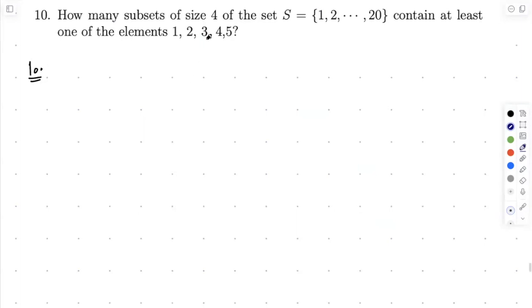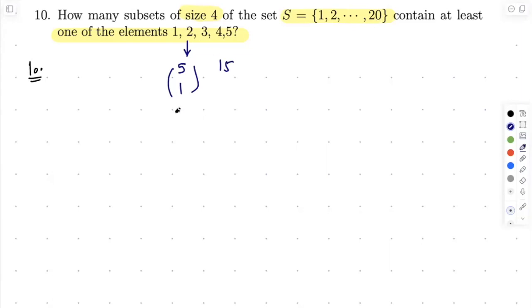How many subsets of size 4 of the set 1 to 20, you need to take 4 at a time, contain at least one of 1, 2, 3, 4, 5? Whenever you have to take at least one of them, there may be a situation that out of these 5, you choose one, and the remaining 3 out of 15, because there are 20 in total.